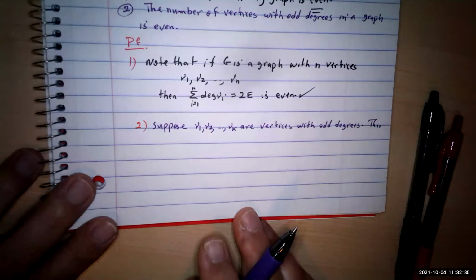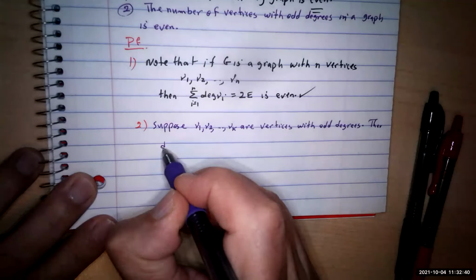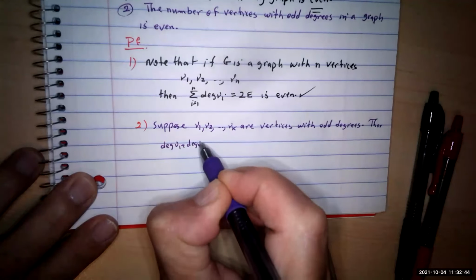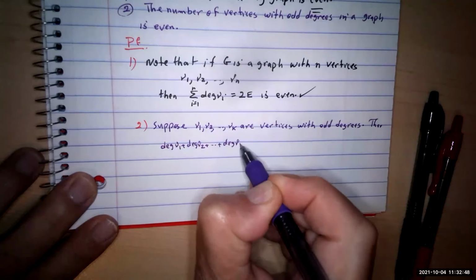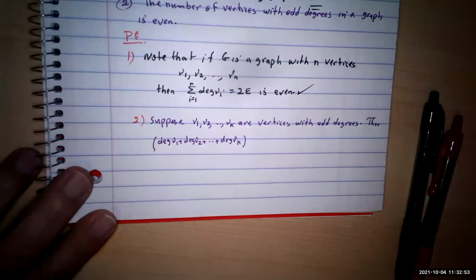And remember the total number is going to be, let's look at this one. You write the degree of v1, v2, up to vk. These are all odd numbers.